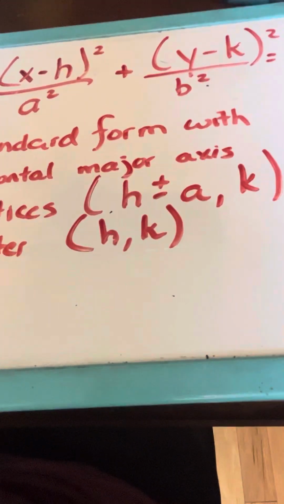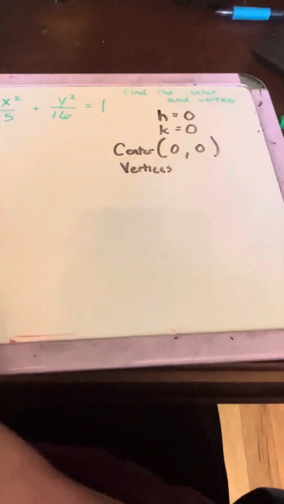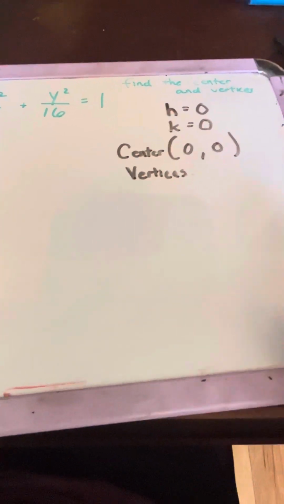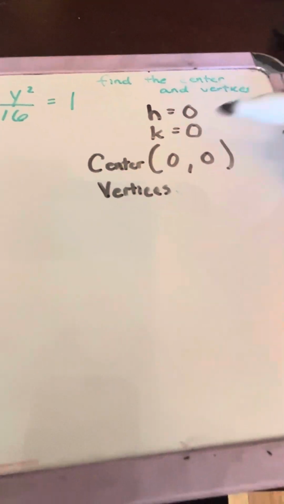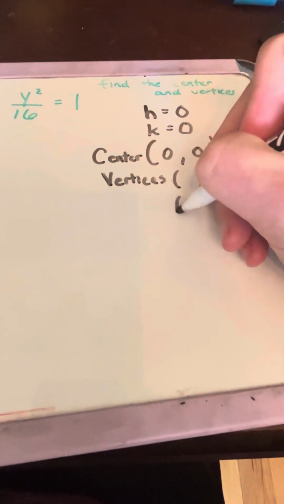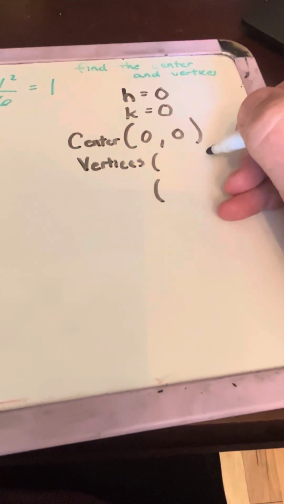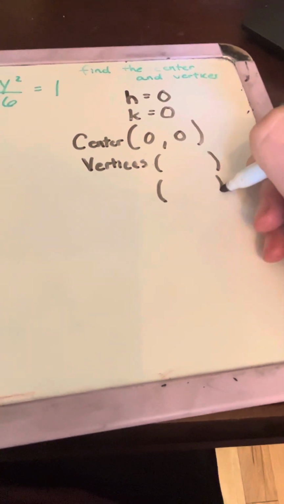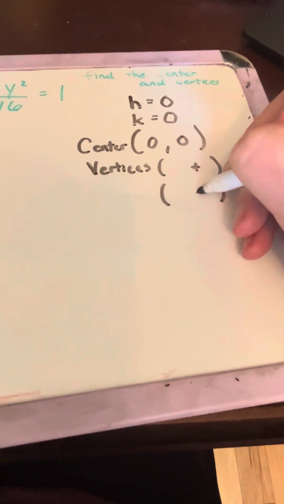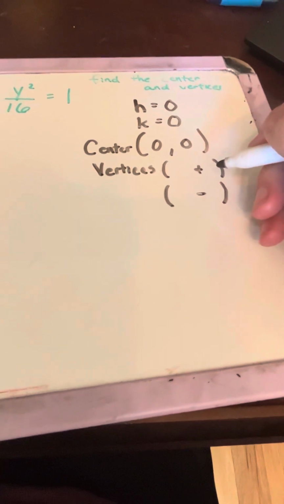Well, we already know what k is. So we're going to do 2 of these so that we have both of our vertices, because one of these is going to be plus and one of these is going to be minus.